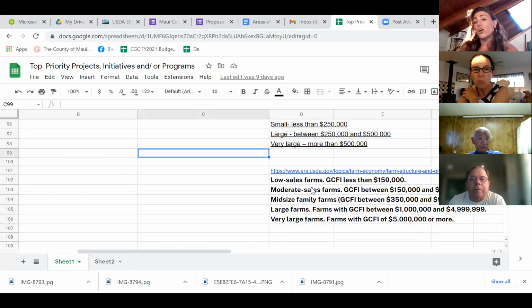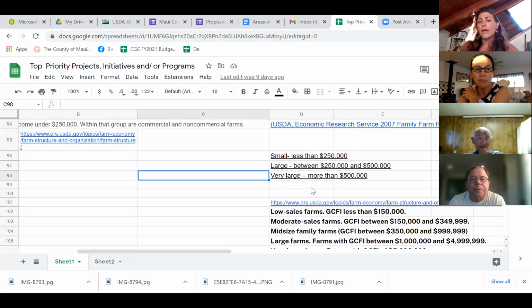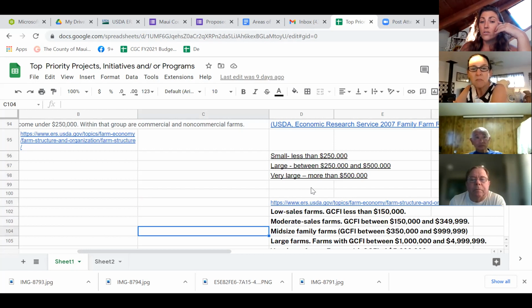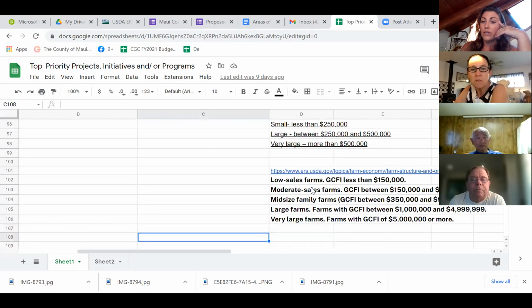So we could go with either of these. And if we want the second one, we could say they need to target resources for small to large size farms, and then put the breakdown of those monetary sizes or income levels. If we wanted to go with the second one, I would probably suggest directing the services from low to mid-size farms.